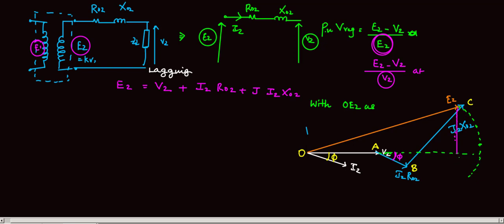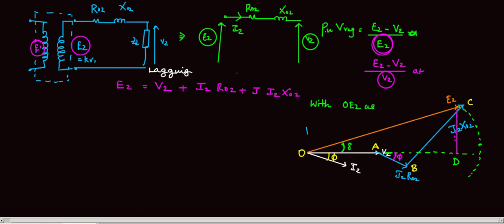Let this be D, and this D dash. Let's assume this is an angle delta, where E2 is leading V2 by some angle delta. You have some gap now, so that angle may be delta.